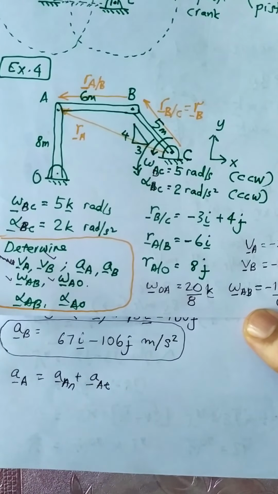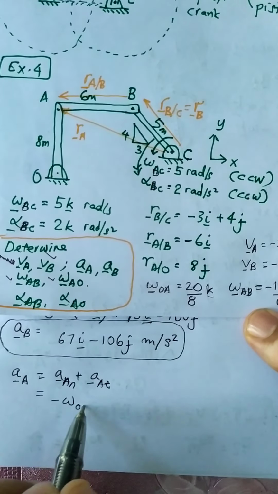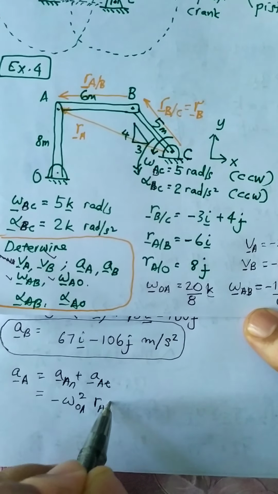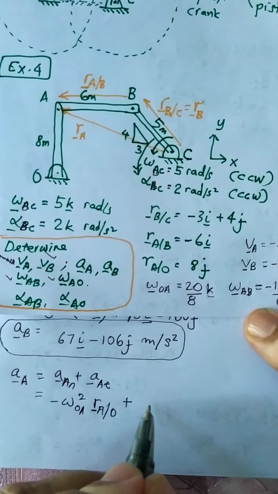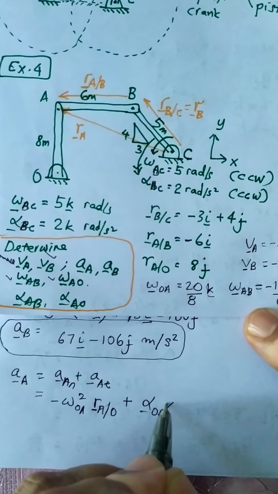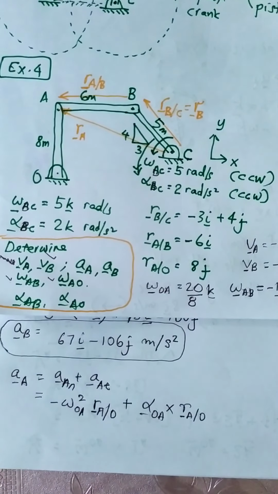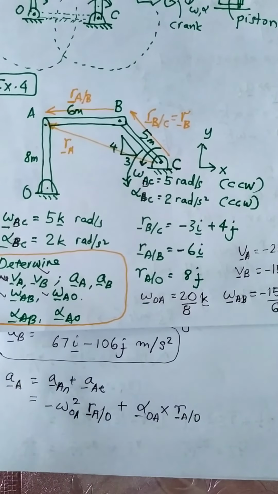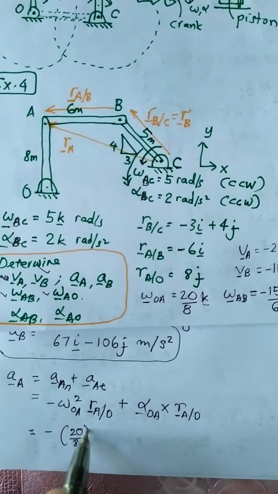The normal is minus omega OA square times the position vector A relative to O. And then the tangential is alpha OA cross the position vector A relative to O. In this case, omega OA from the previous answer is 20 over 8k, so it is minus 20 over 8 square.